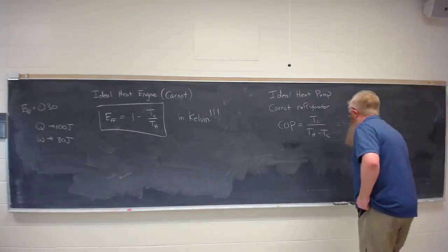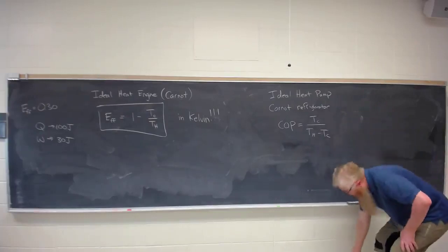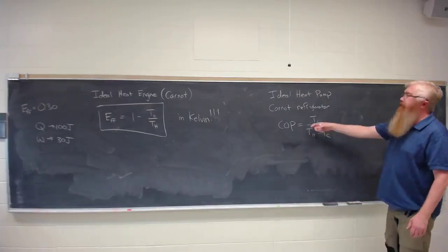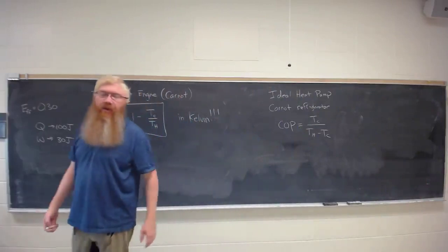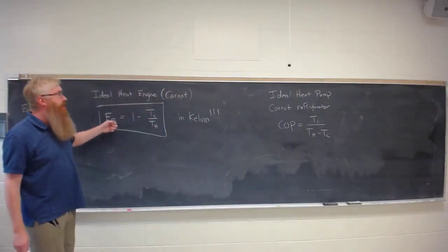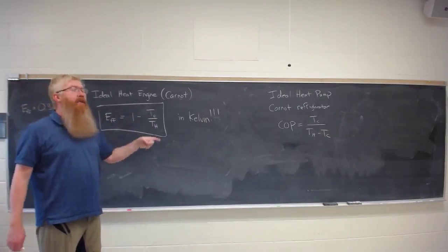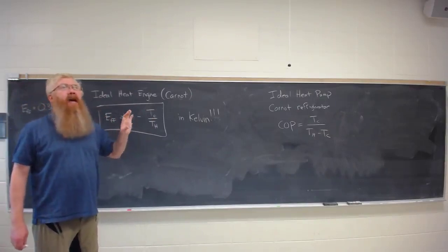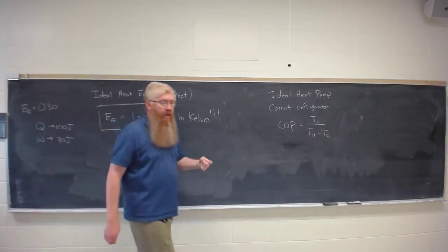No, that's not how it works. I can do fractions. So while the efficiency can be between 0 and 1, you can't have an efficiency below 0, you can't have an efficiency above 1 for a heat engine. The coefficient of performance can be above 1. And in fact, that's something that's often advertised on air conditioning units and refrigerators.